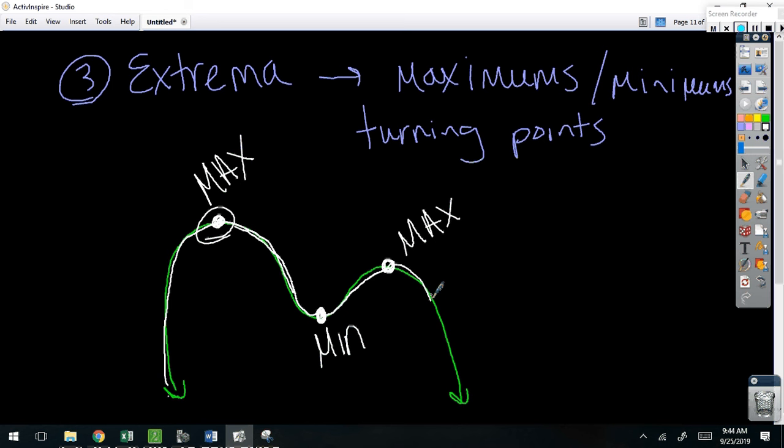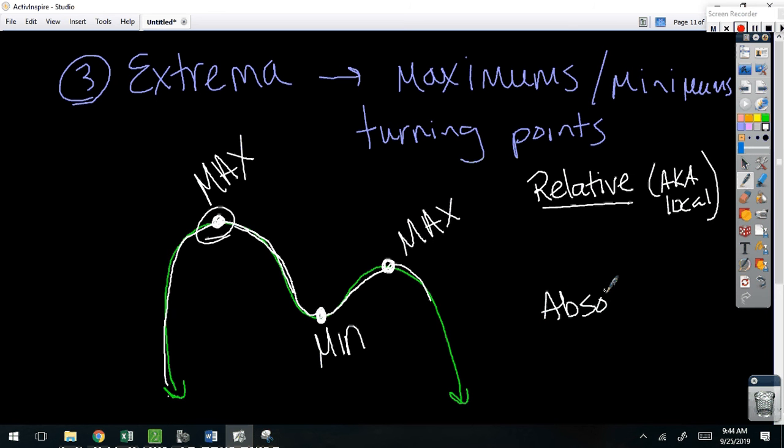But here's the tricky part. I have two types of maximums and minimums. I have what I call relative, which sometimes we call local, and I have absolute. Relative means it's a turning point, okay? It's definitely a max or a min, but the graph is not bounded there.